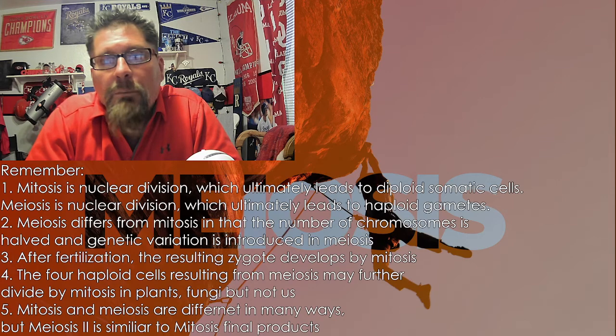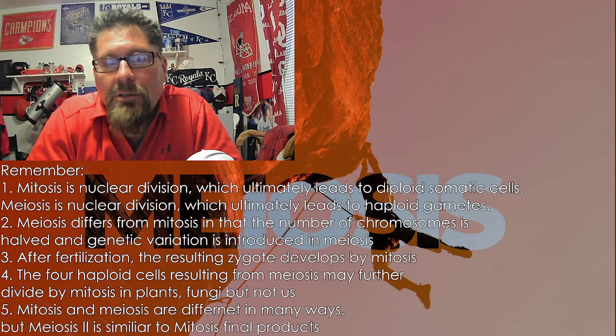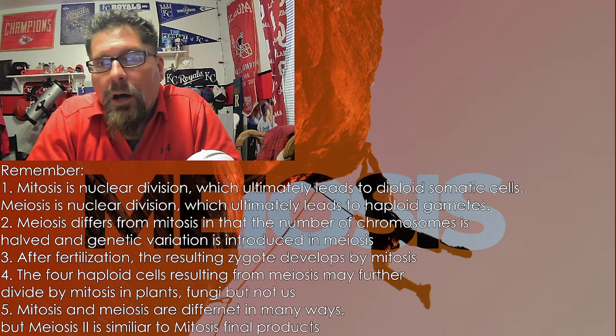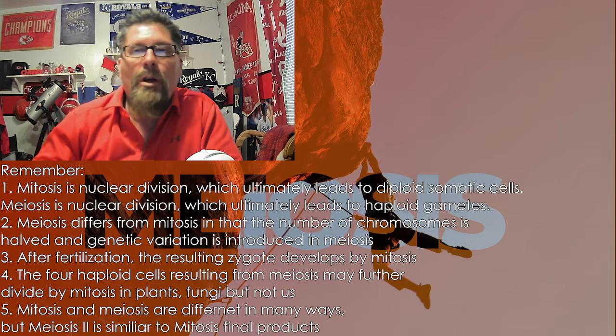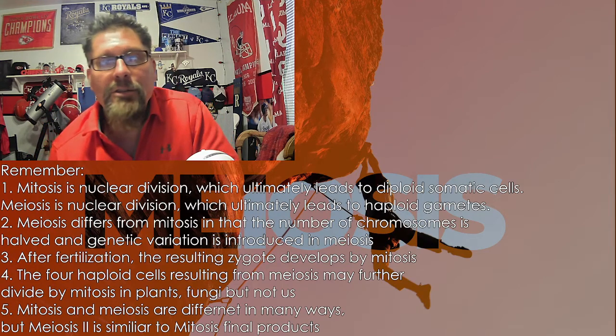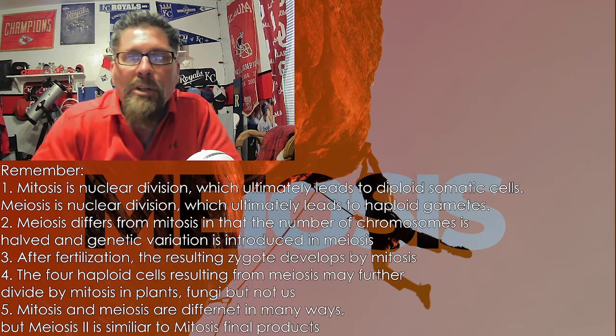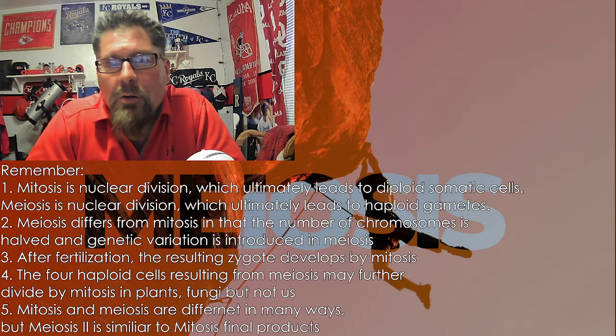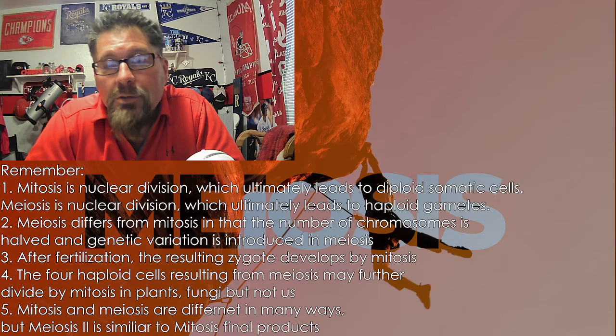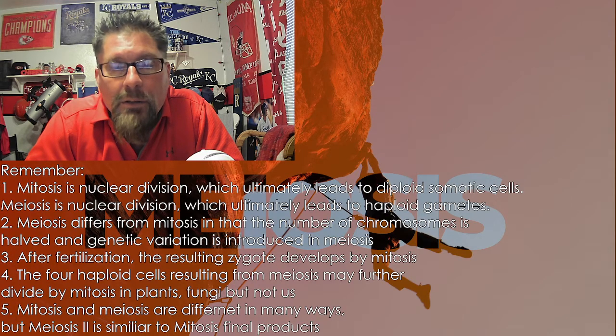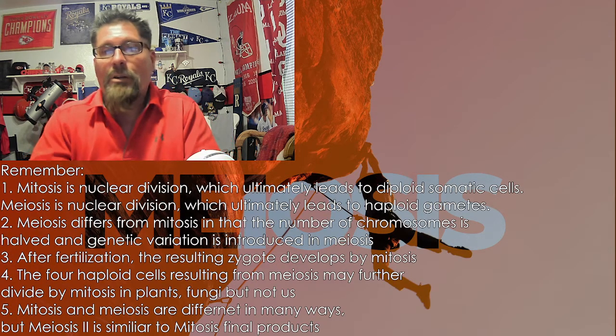Alright, so just a couple more reminders about things that differentiate mitosis and meiosis. They're both nuclear division. In other words, they're dividing chromosomes and involved with the nucleus. But remember that mitosis produces diploid somatic cells, while meiosis produces haploid gametic cells.